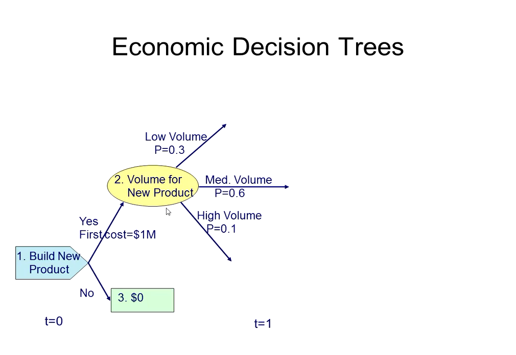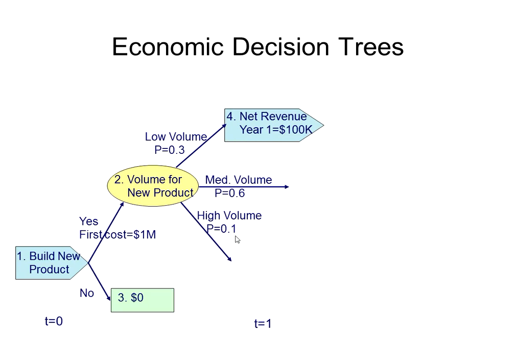And this is a chance node, right? That was a decision node. We were in control of this. This is a chance node. We're not in control of it, but we know how likely different outcomes are. So low volume happens 3% of the time, medium volume is 60% likely, and high volume is 10% likely.